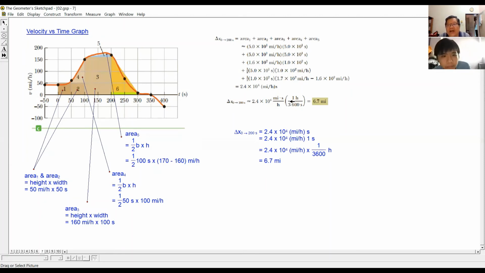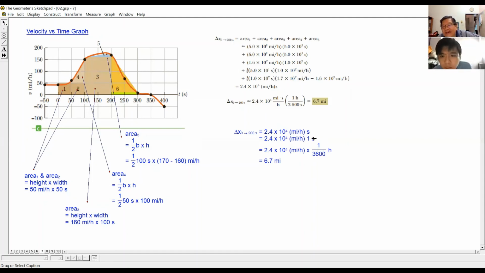What is given here is they convert this 1 second into hour. When you convert to hour, you have to divide by 60 times 60, that is 60 minutes, 60 seconds, so 3600.